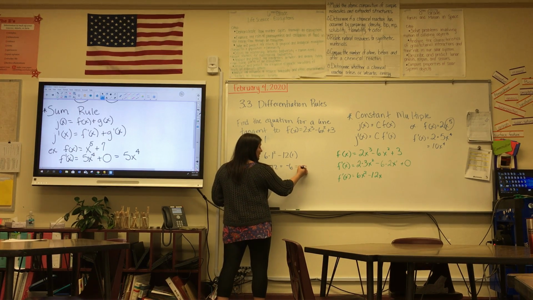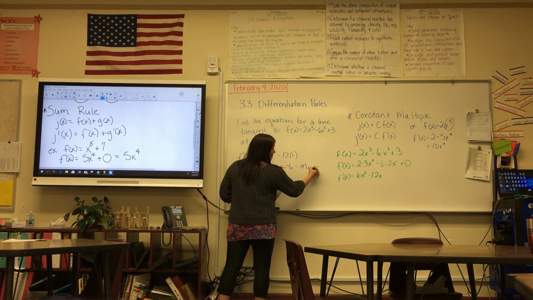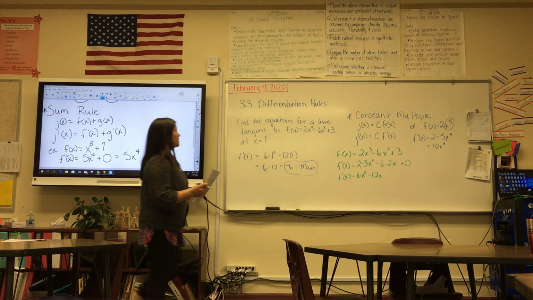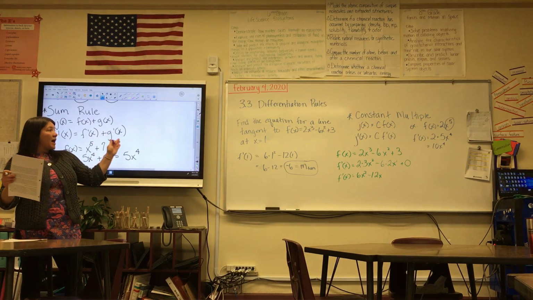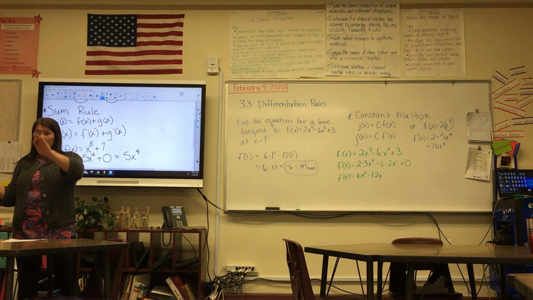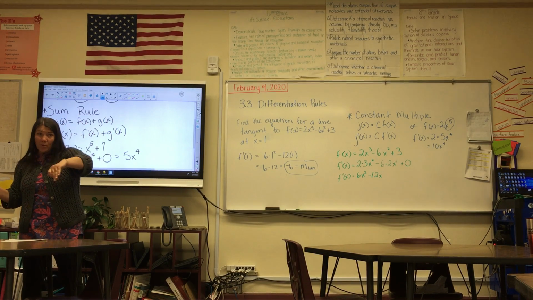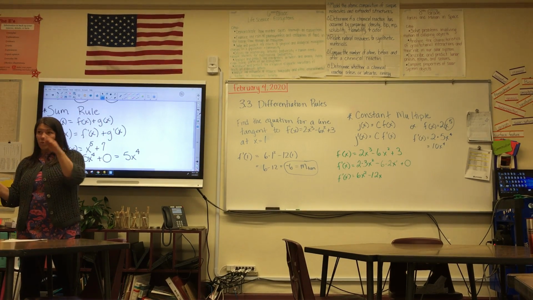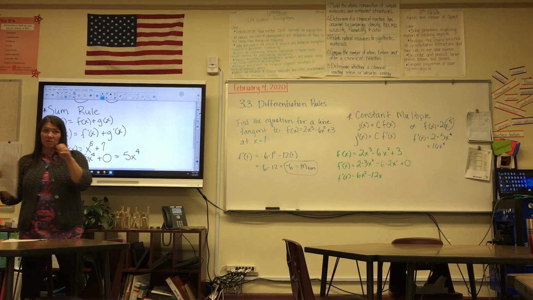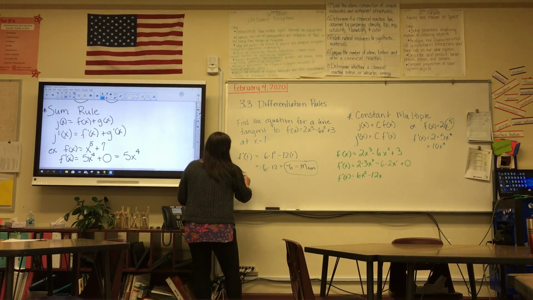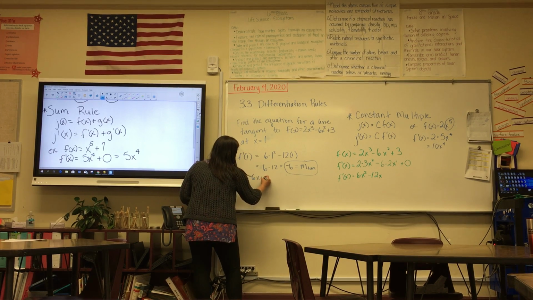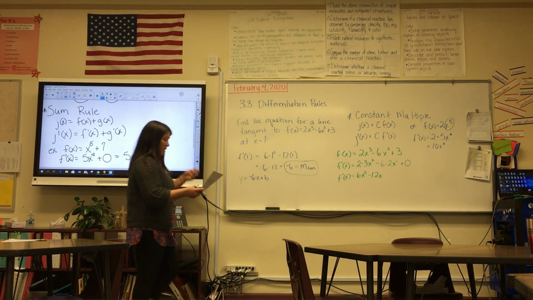So negative 6 is the slope of the tangent line. But I want the equation for the tangent line. So I'm going to use that slope with a point and find y equals mx plus b. So I've got y equals negative 6x plus b. I know that much so far.